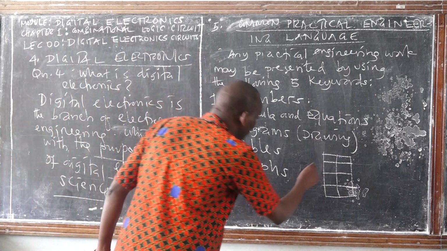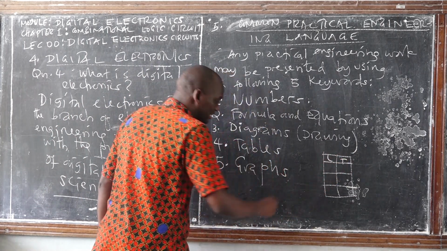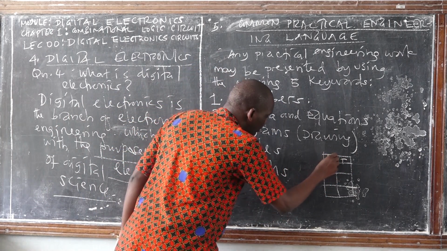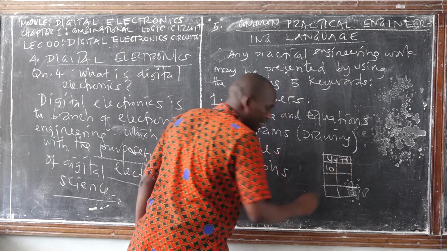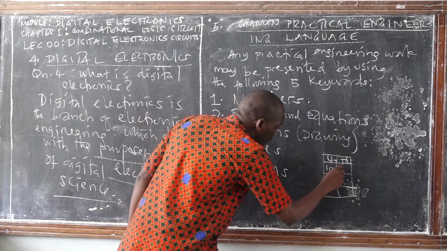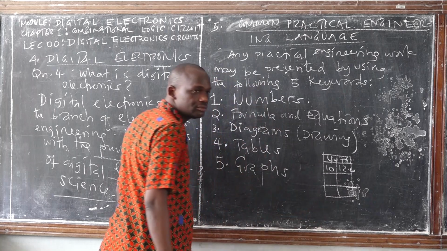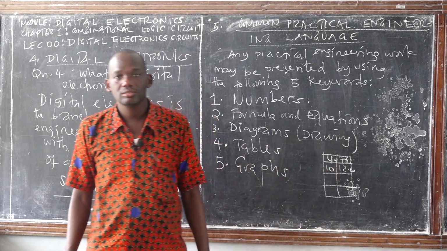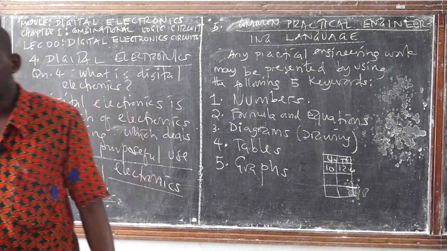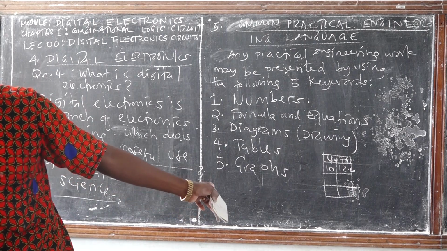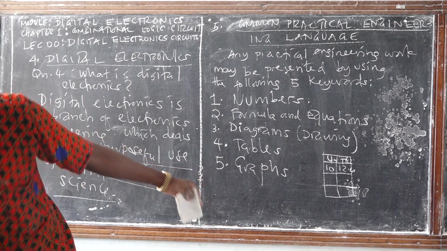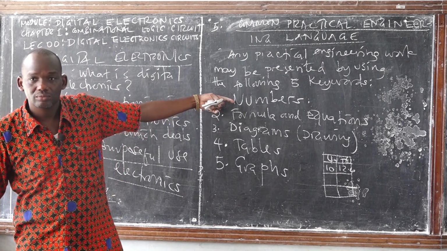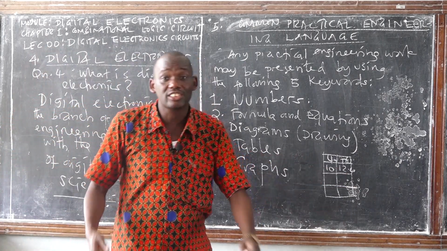For instance, if this is length and this is period, then the length of the pendulum is 10 centimeters, so this is length in centimeters, this is in seconds. The period maybe is 12.4. These are numbers, not words. We don't need words there, we need numbers. And these numbers you cannot find until you do the measurements.